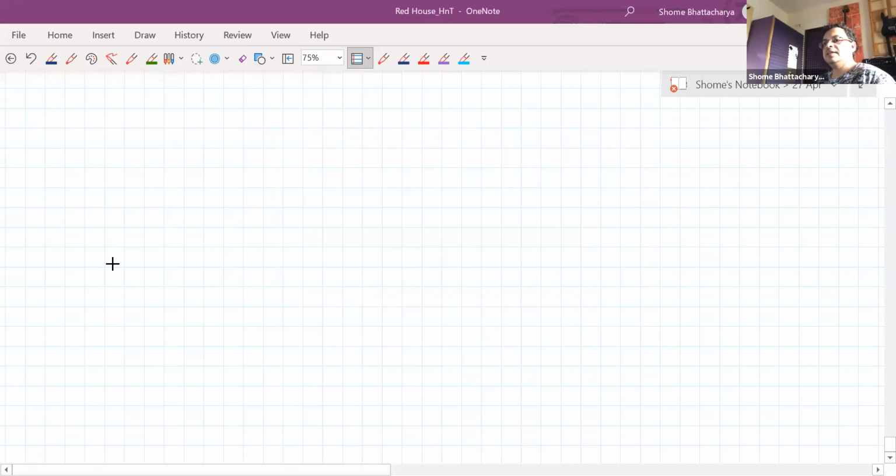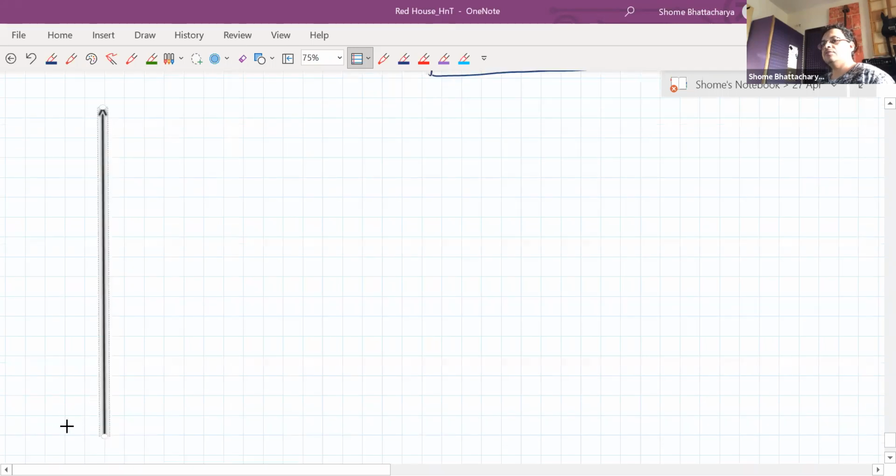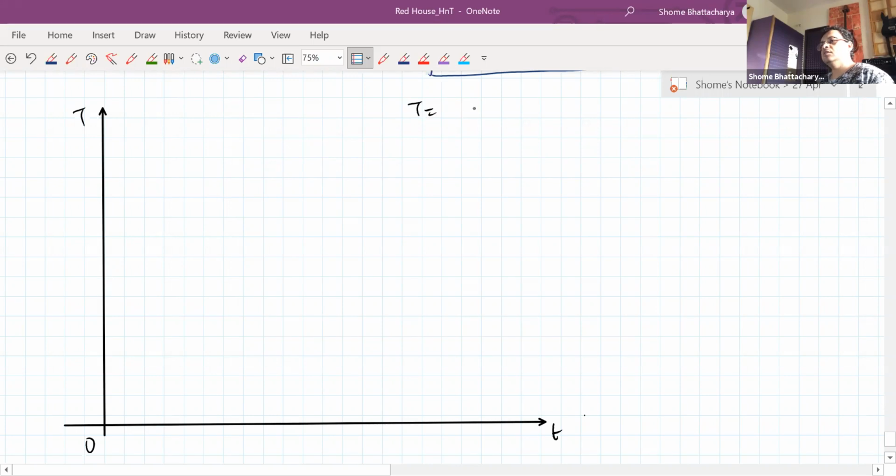So if we are looking at the temperature of the surface versus time graph, see that this relation, that instantaneous temperature is surrounding temperature plus (initial temperature minus surrounding temperature) into e raised power minus that constant into t.